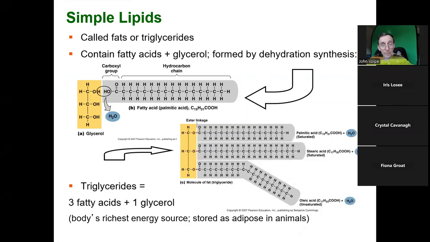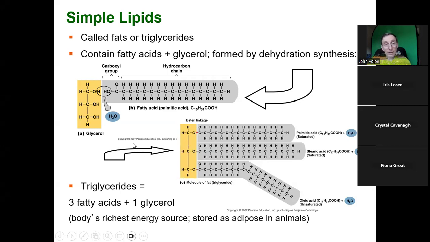Simple lipids are simply a combination of a fatty acid and a glycerol molecule, such as a triglyceride, or what we call a fat, which is three fatty acid groups linked to a glycerol molecule.